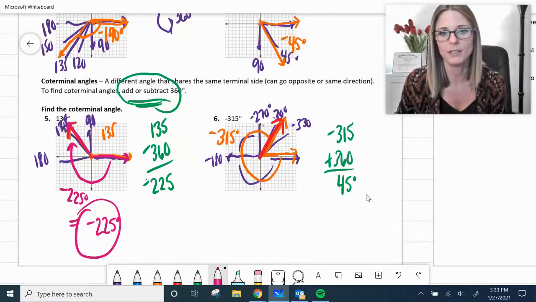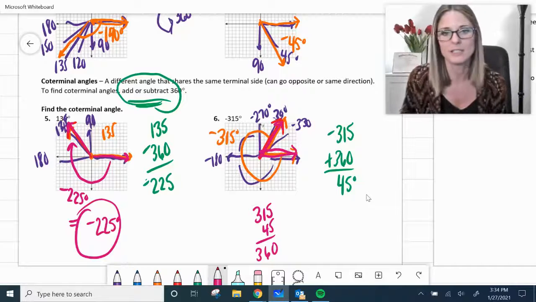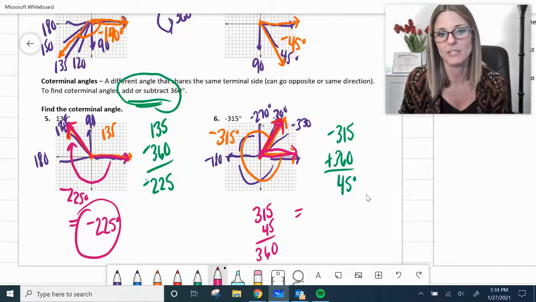The pink color. So standard position, if I just went up 45 degrees, right halfway in between, voila. They end in the same position. You could also do a check: 315 plus 45 is 360. They end in the same place. All right, so our coterminal angle for this problem is 45 degrees.